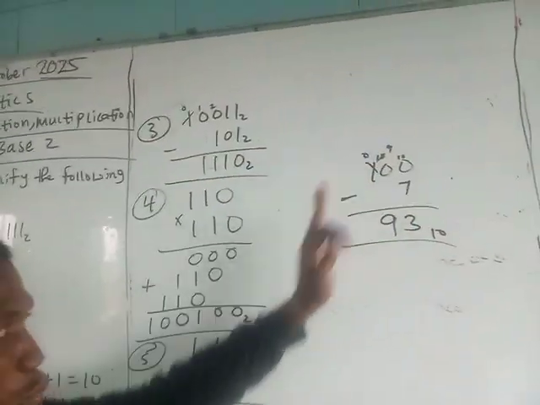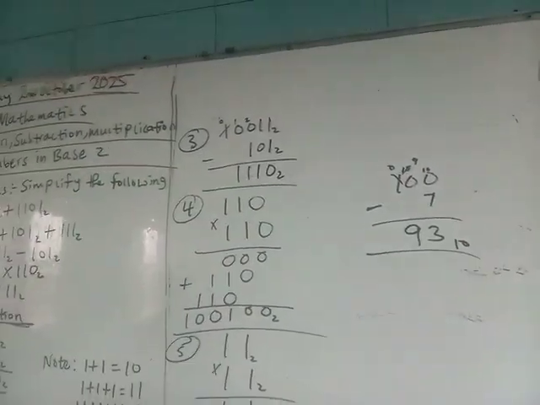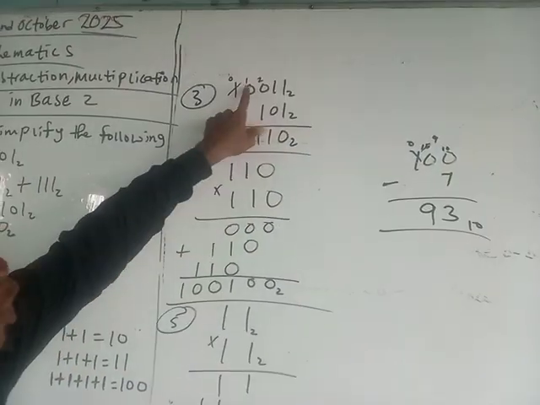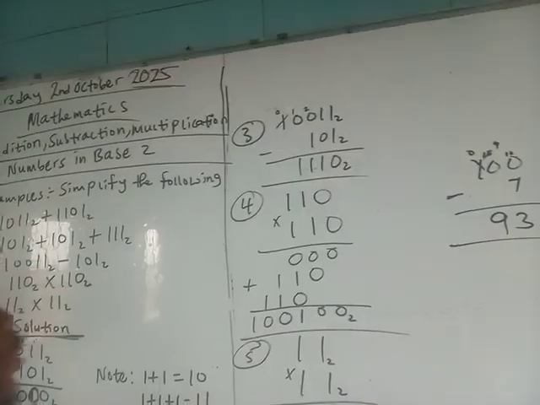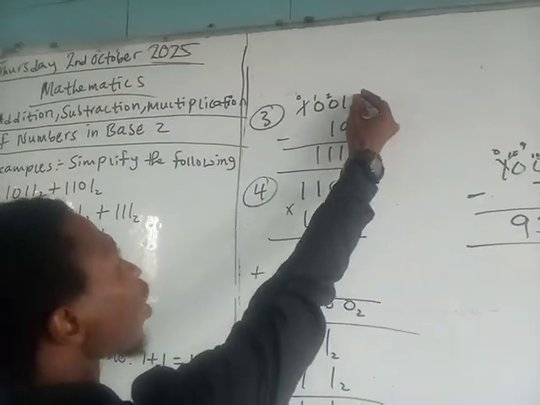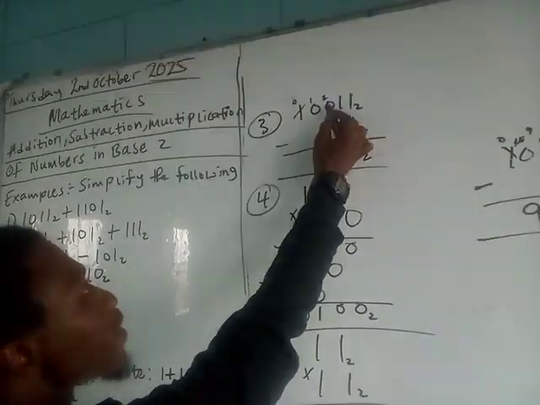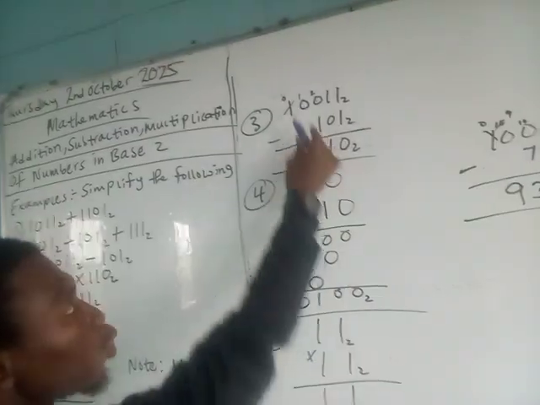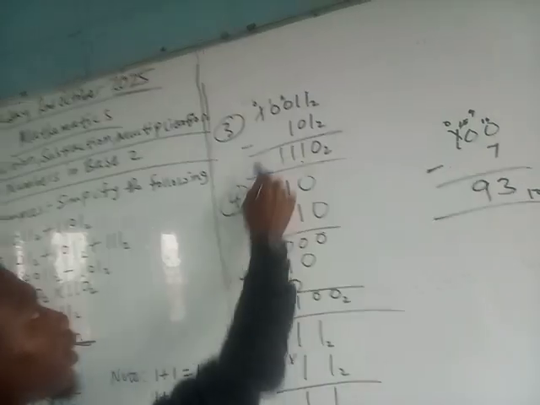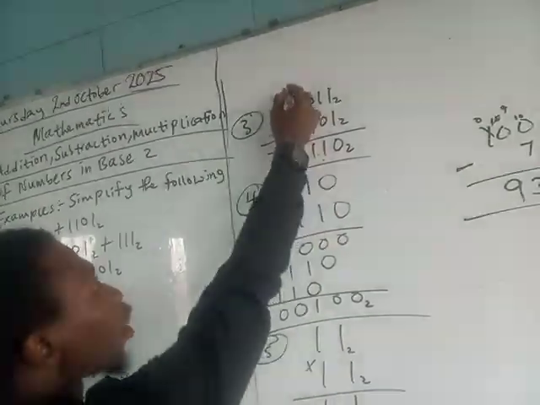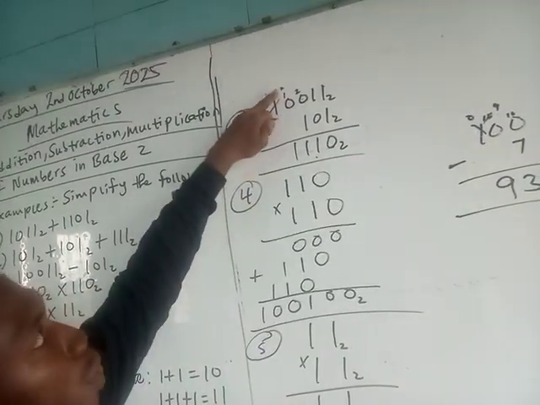This calculation is for base 10, which is normally used. But in base 2, instead of borrowing 10, what you borrow will be 2. So this one will now be 1 minus 1 is 0. 1 minus 0 is 1. 0 minus 1 cannot. You borrow from this, and this doesn't have. Then you borrow from this, and here remains 0. What you borrow is the base, which is 2.